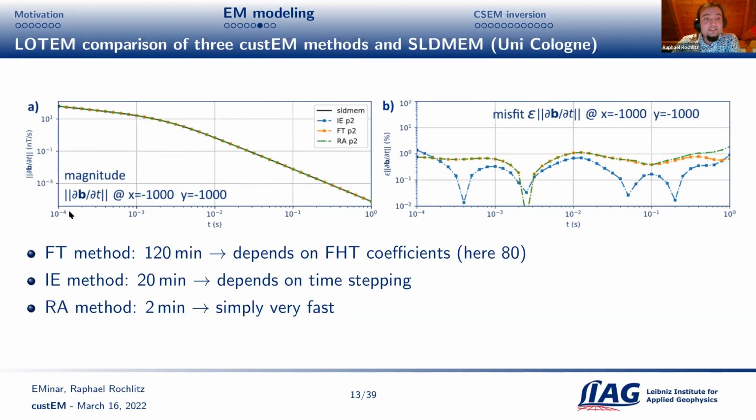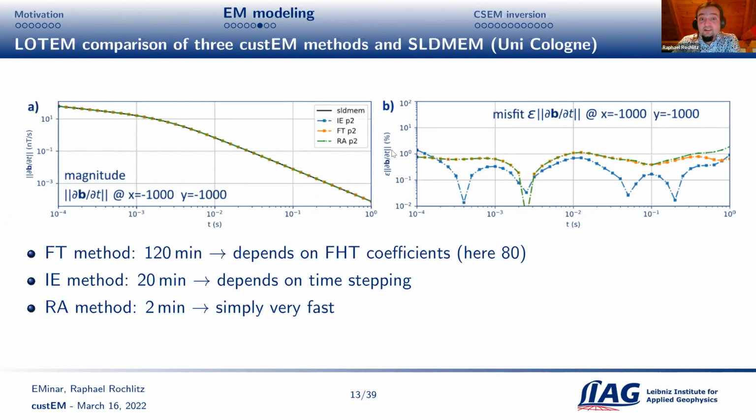We see the transient from 100 microseconds to 1 second, and in black the SLDMEM solution, and colored the 3 different custEM simulations. So the implicit Euler method, the Fourier transform-based method, and the rational Arnoldi method.